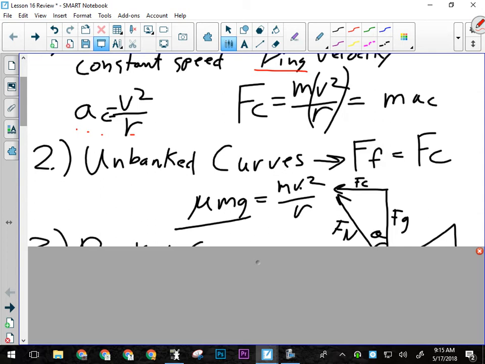We would have that force of friction, which is normally mu times the normal force, becomes mu mg because the corner isn't banked. If it's not banked, then gravity and normal force are equal. So that's how we get to this formula here.